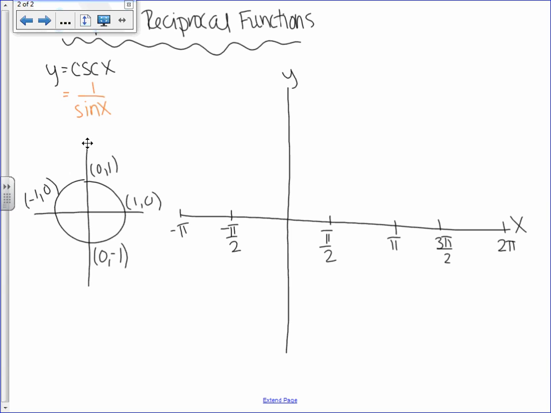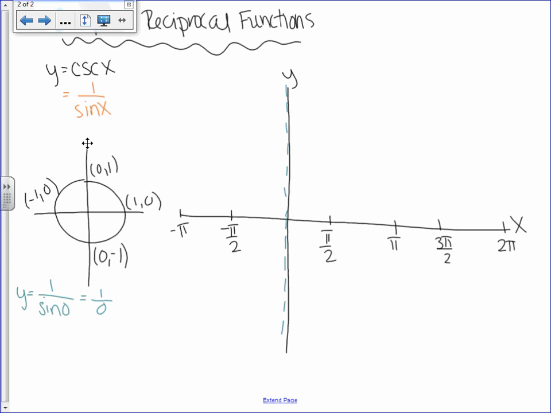The cosecant of 0 is 1 over the sine of 0. But the sine of 0 is 0. So this is undefined. And just like with tangent, where we had our function undefined, we had an asymptote there. So I'm going to have a vertical asymptote at x is equal to 0.